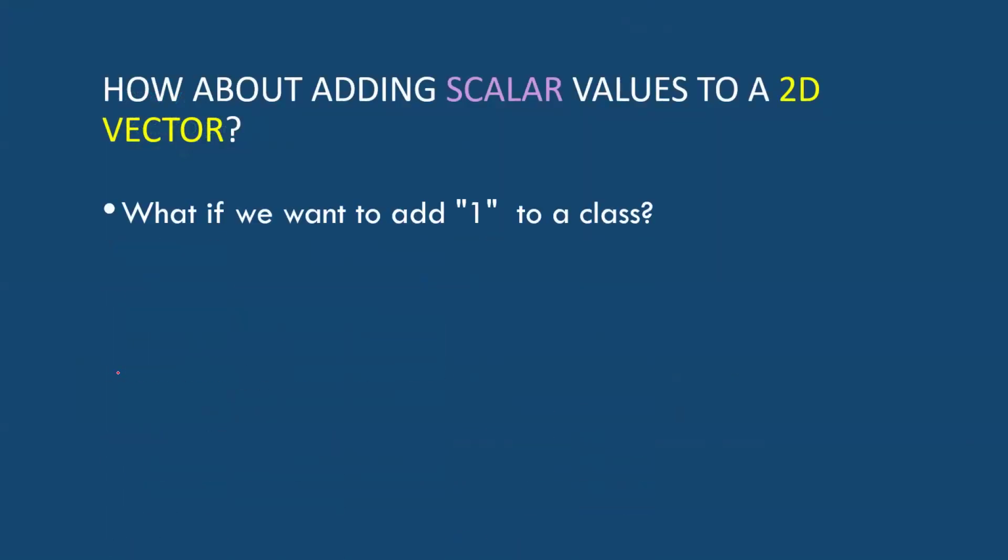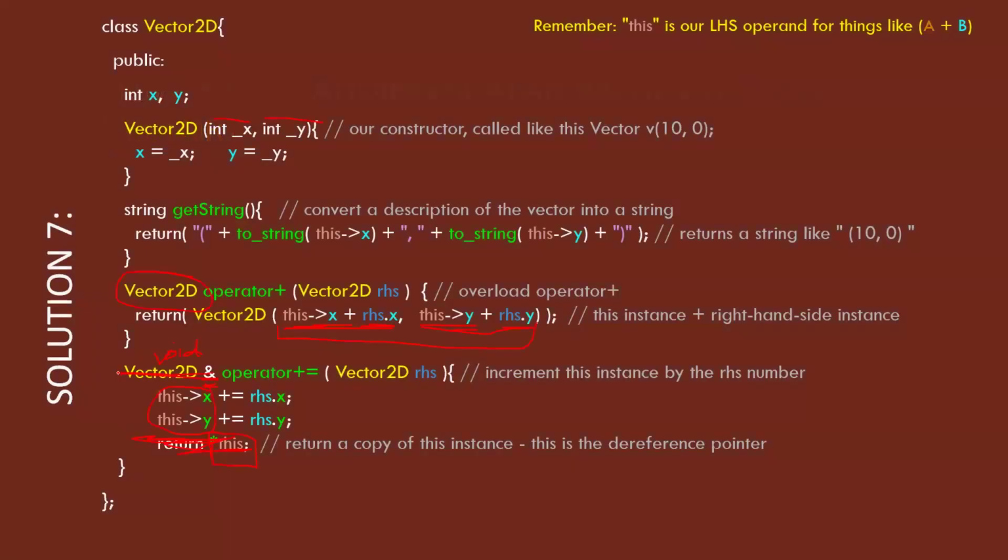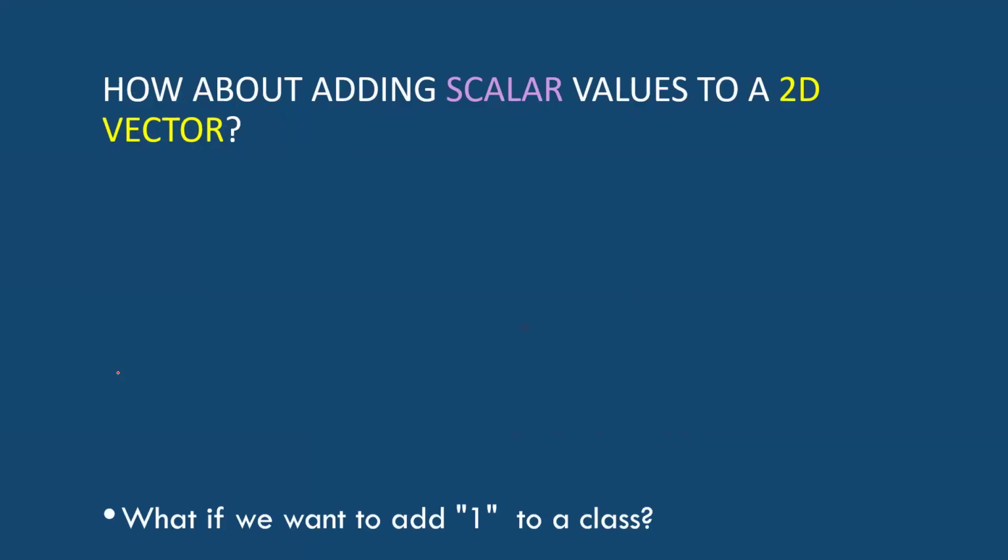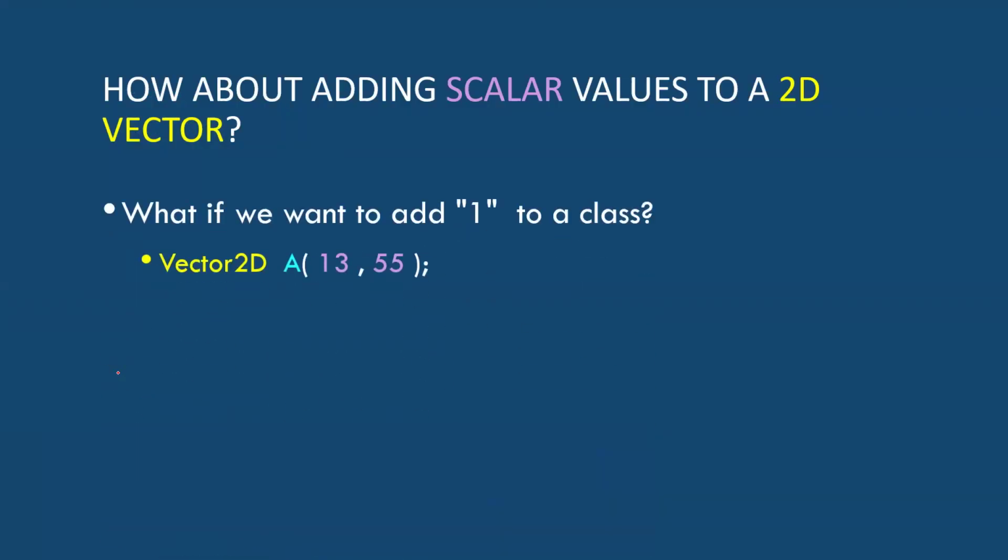Now, to the earlier question, which is a great question. We're adding two vectors together. What if I want to add a scalar value to a vector? So here's vector A. I just want to say A equals A plus 1. What is the compiler supposed to do? Well, the compiler looks at this and goes, okay, you're a 2D vector and you're an integer value.